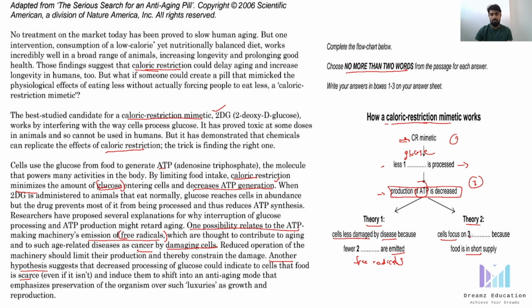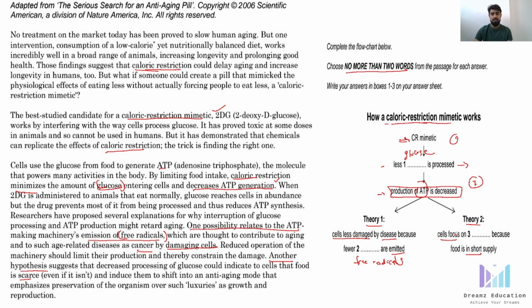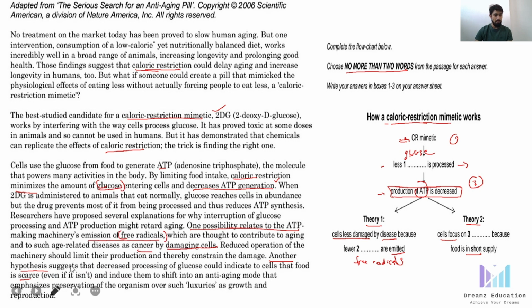So in this case, cells focus on something. And in this case, we can see the word emphasizes. What is emphasizes? I think it is the exact synonym of the word focus, correct? So focus on what? It focuses on preservation. Emphasizes preservation. Focus on preservation.